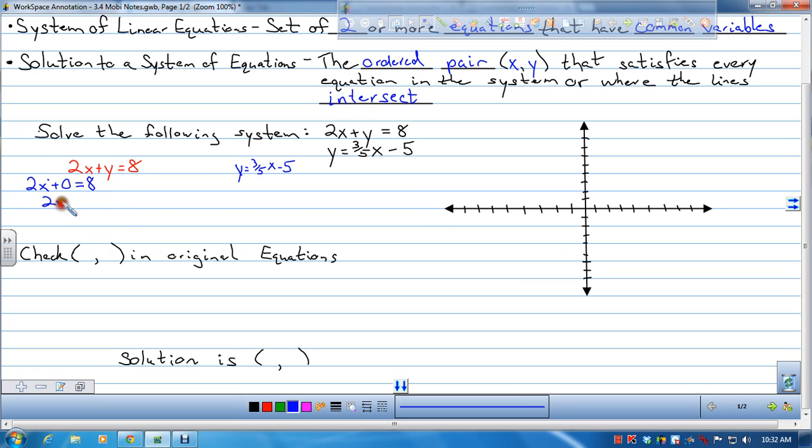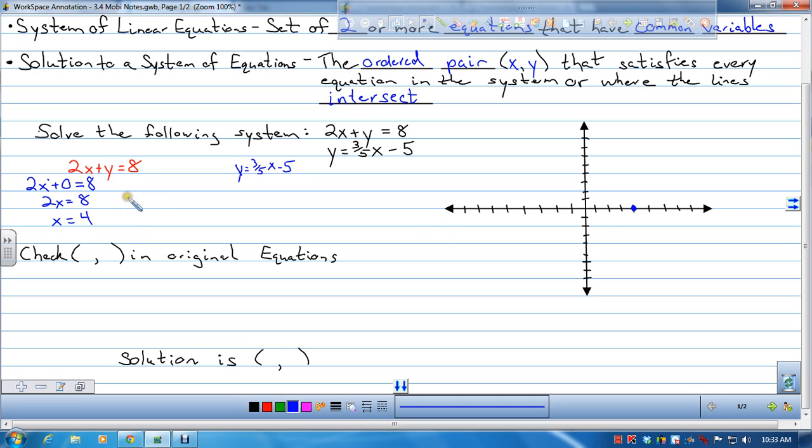Well, I know 2x would equal 8, which means that x would equal, whoops, miswrote that. So 2x equaled 8, and then x would equal 4 there. So there is my x-intercept. I can go graph that right now: 1, 2, 3, 4.